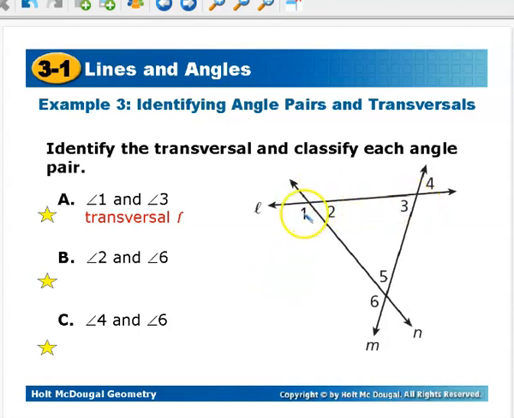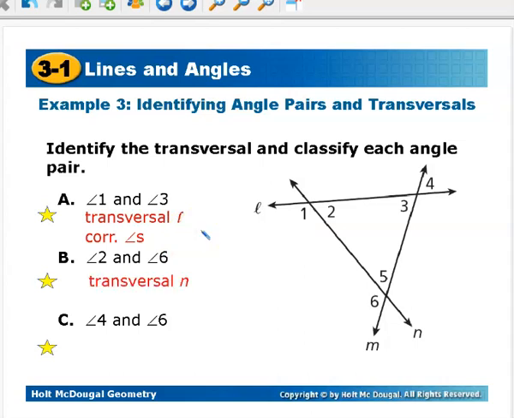Looks to me like they're on the same side, but they're in different groups. So for me, that indicates corresponding angles. I'm going to write it in shorthand here, CORR and then the angle symbol S. Some people use CA for corresponding angles, and I'm okay with this.